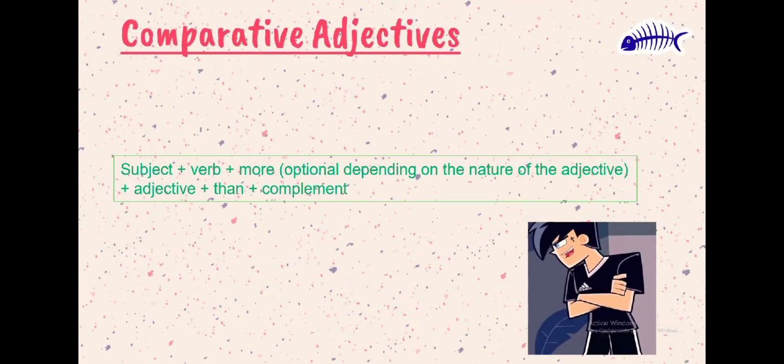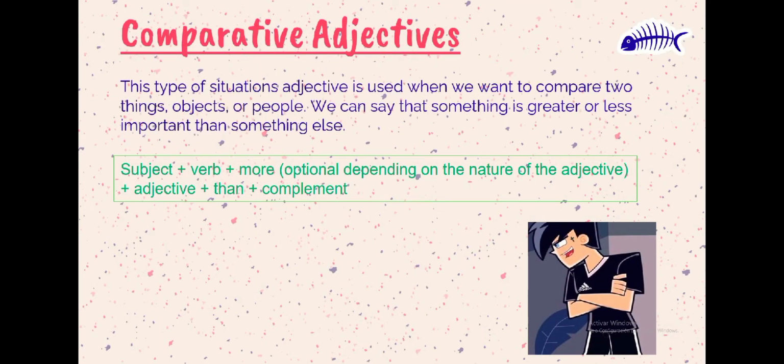Comparative adjectives. This type of adjective is used when we want to compare two things, objects, or people. We can say that something is greater or less important than something else. For this, it is necessary to know the structure and rules of comparative adjectives in English.